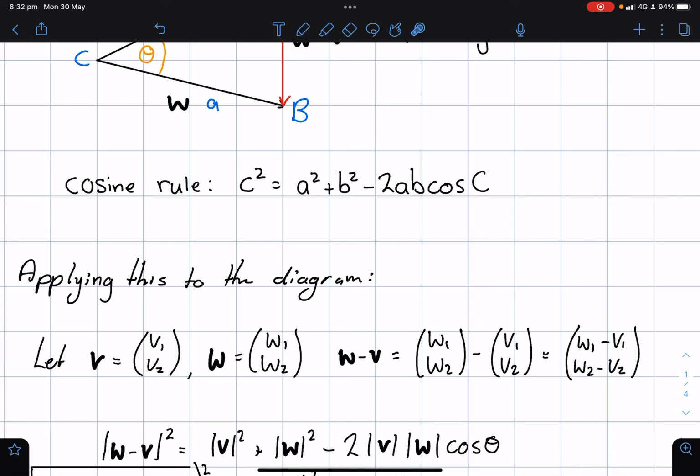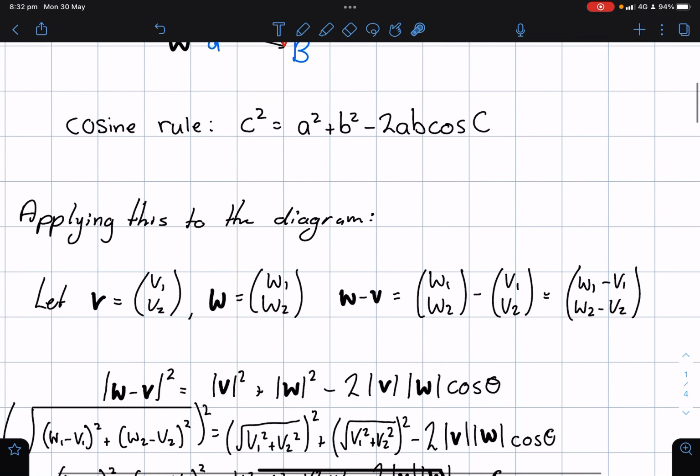So c squared is our resultant vector squared, so we need the magnitude of our vector for the length. All right, so we've got the magnitude of w take v squared equals the magnitude of v squared plus the magnitude of w squared, take 2 times the length of v, the length of w, times cosine theta.